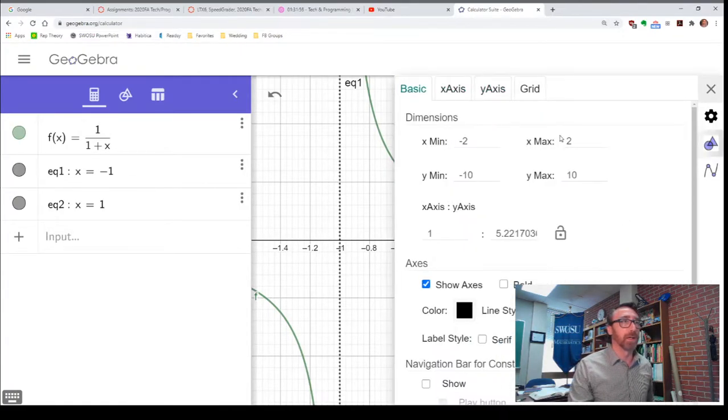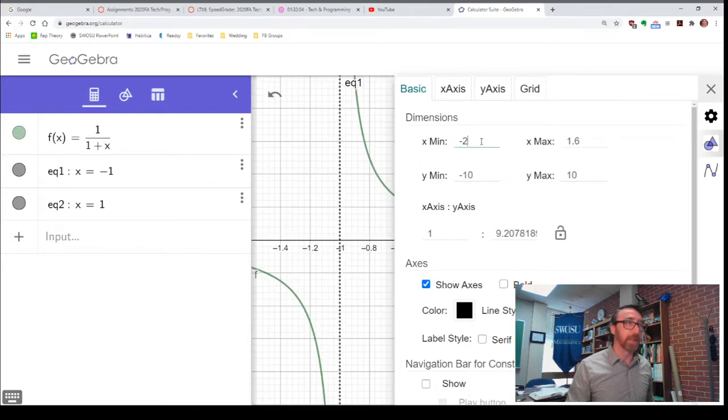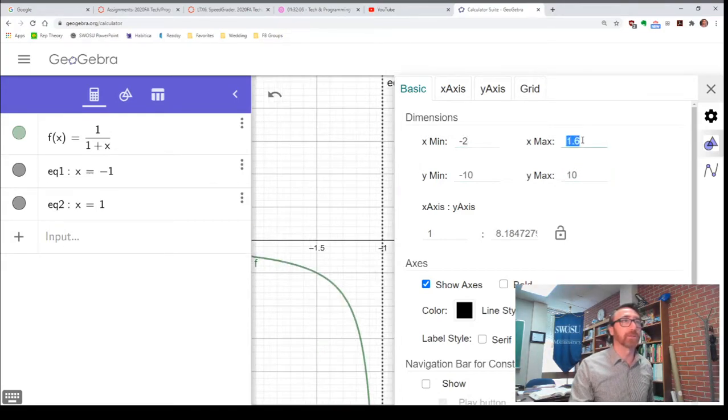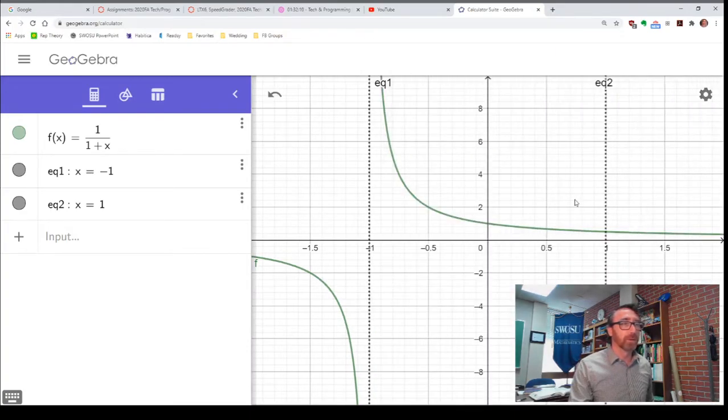I want my x min to be negative 2. I want my x max to be 2. All right. So this here in the green is a graph of f of x equals 1 over 1 plus x.